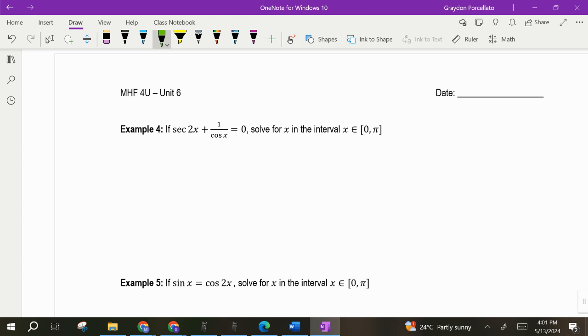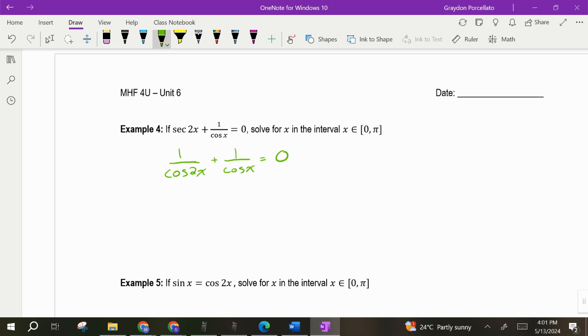Okay, that's a bit of an issue because they're different, right? They're not the same ratios. So what we're going to do here is, this is where our identity work comes in handy. I'm going to change that secant 2x to 1 over cos 2x, plus 1 over cos x equals 0.